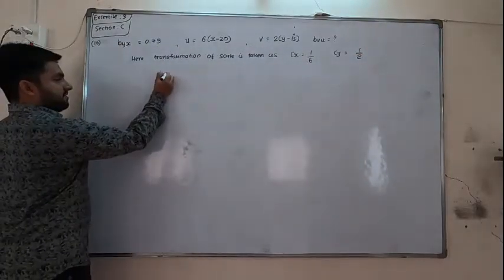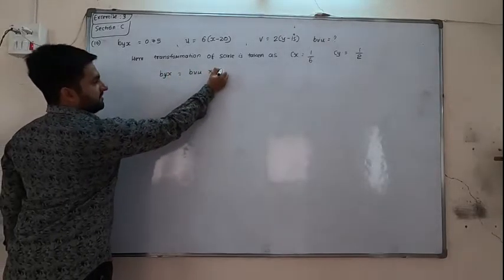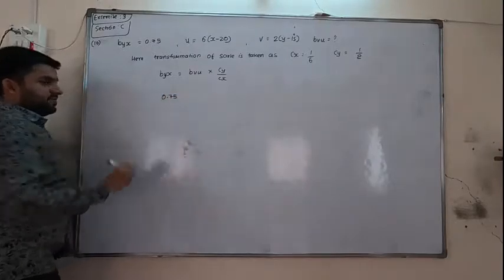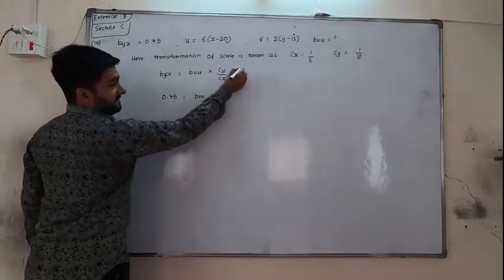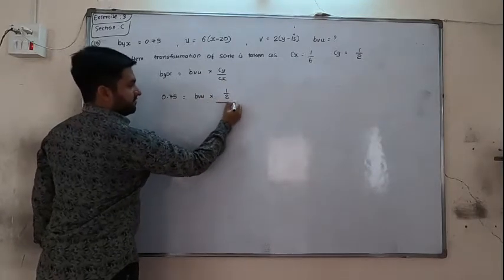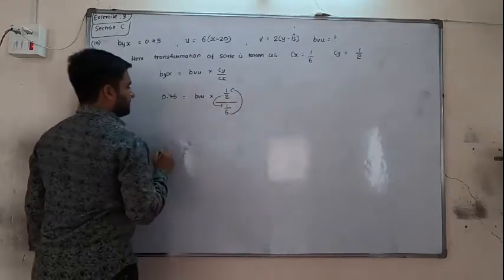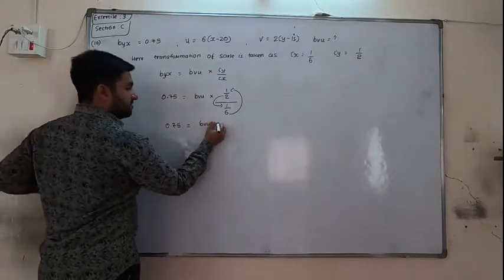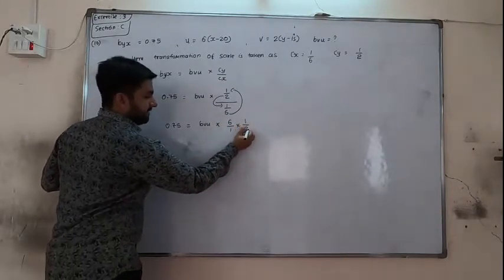Now the relation b_yx is equal to b_vu multiplied by Cy upon Cx. b_yx is 0.75. b_vu we will find, and Cy is 1 by 2, Cx is 1 by 6. 6 will come here, 2 will go here. So 0.75 is equal to b_vu multiplied by 6 by 1 into 1 by 2.